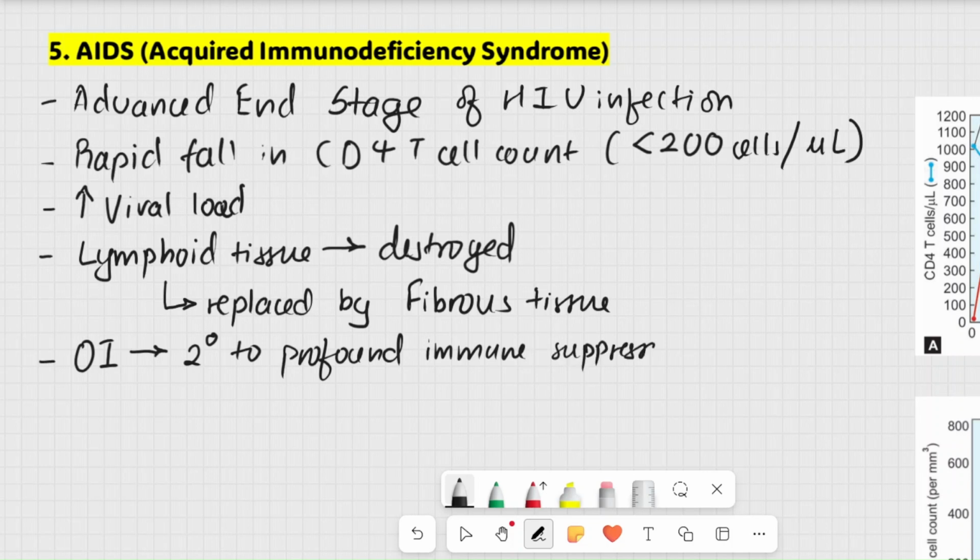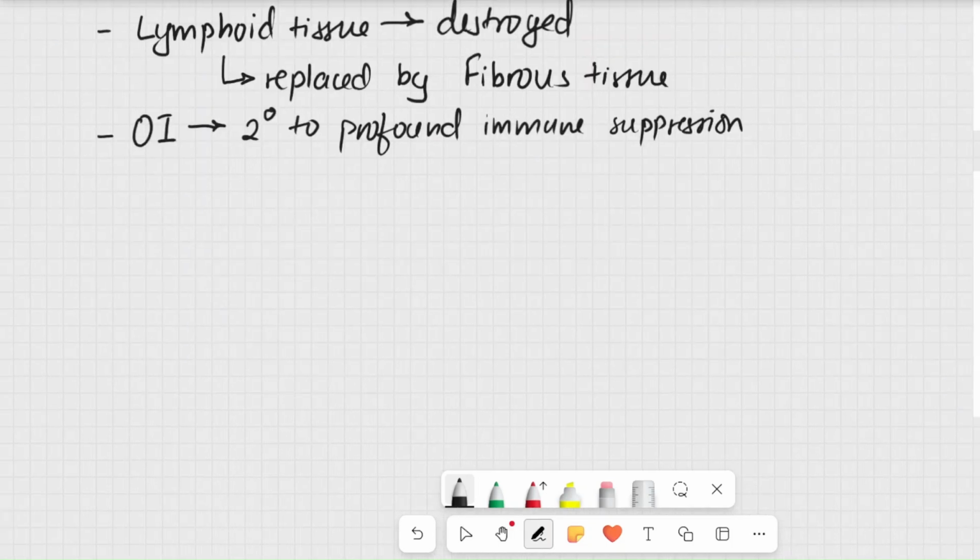So this point is clear. And please remember, the appearance of opportunistic infection depends upon the number of CD4 T cells. The more it decreases, on that basis you are going to have different types of opportunistic infection. We're going to look at a graph with respect to this. There is a graph explaining this point.